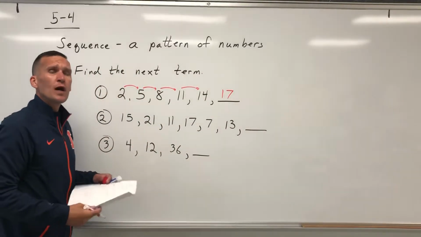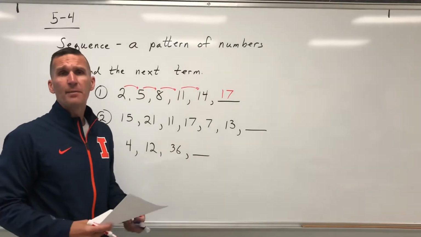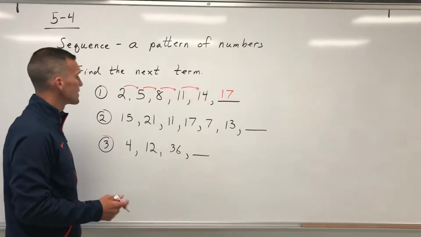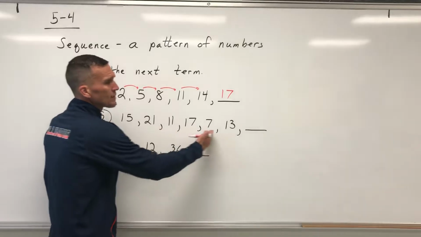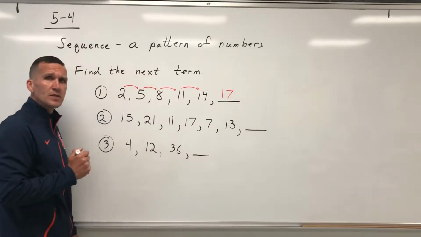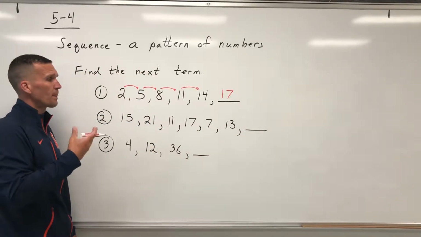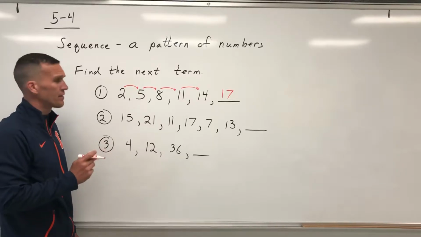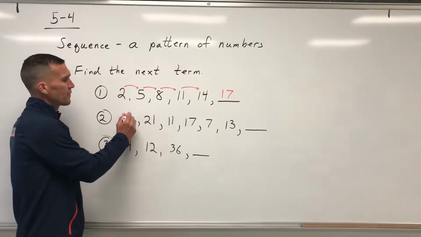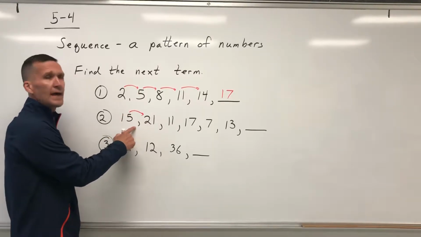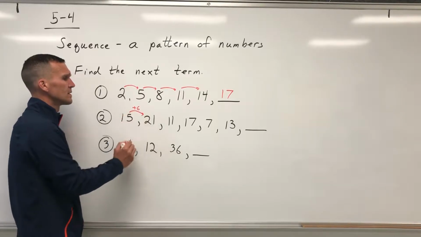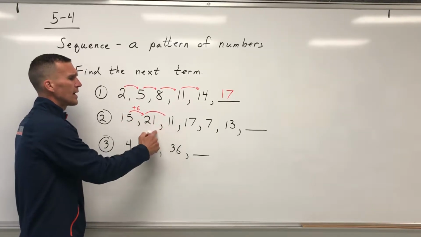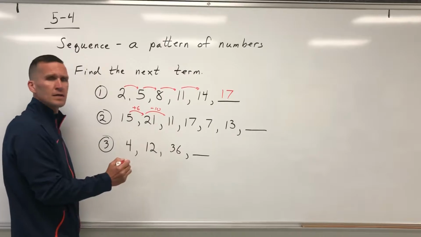Number 2, some trickier stuff could happen in sequences. So again, you could pause right now and see if you know what the next number is, but I'll show you kind of what the pattern was that I thought of. I noticed that from here to here it was add 6, but then I minused 10.